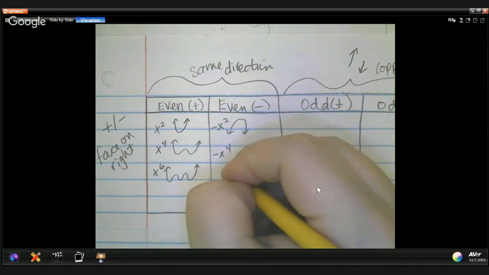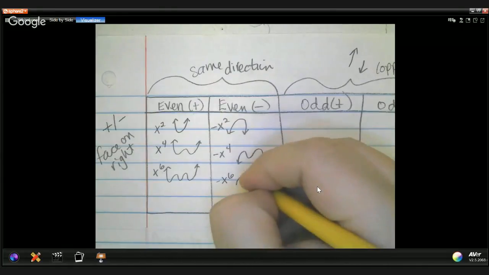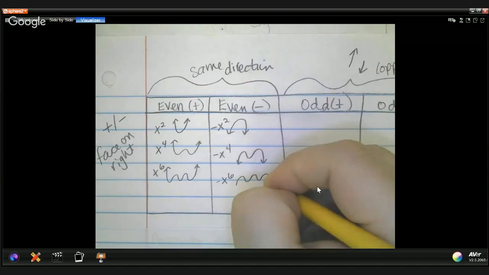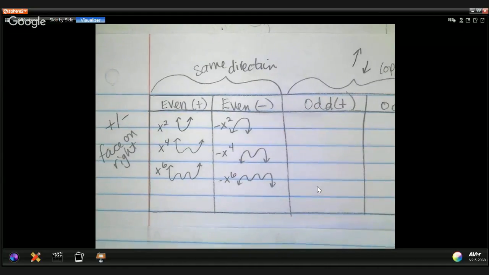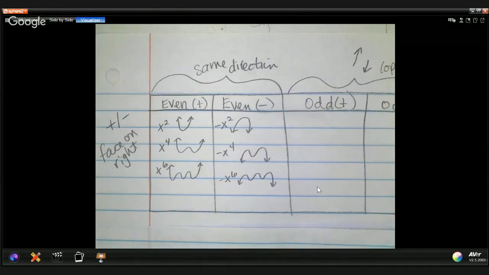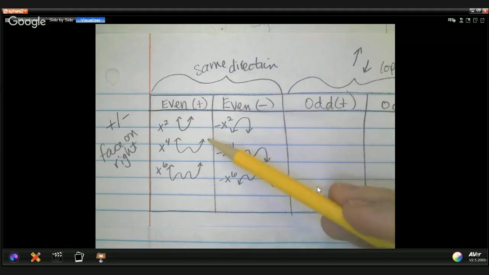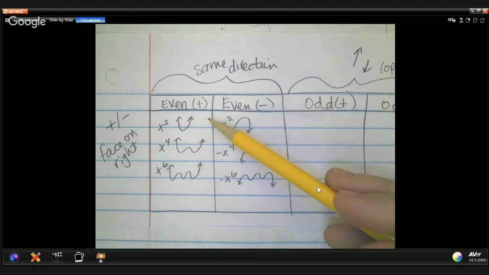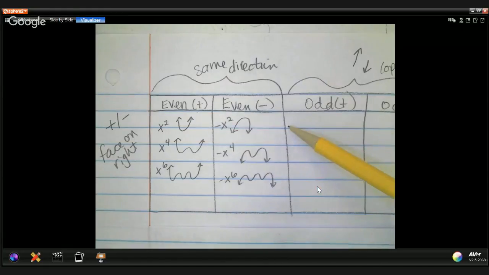Negative x to the sixth, 1, 2, 3, 4, 5, 6. Okay? So again, if they're even functions, they face the same way. If it's a positive even function, they both go up. If it's a negative even function, they both go down.